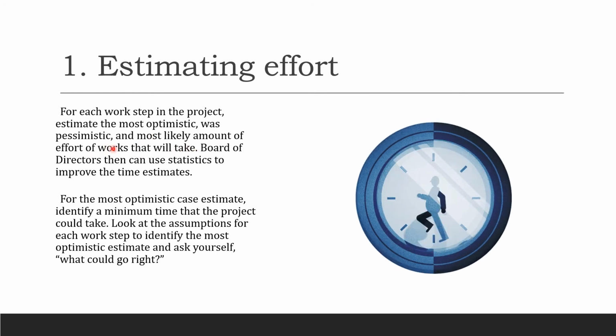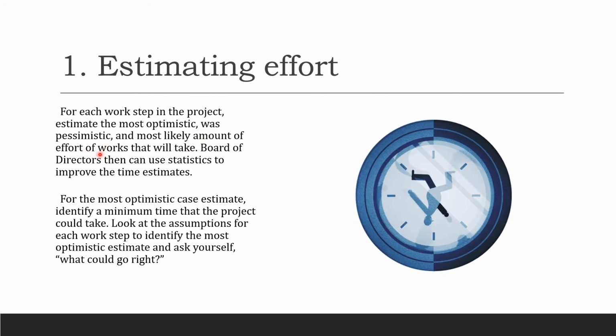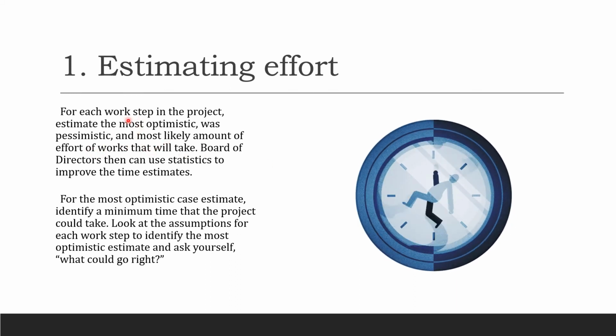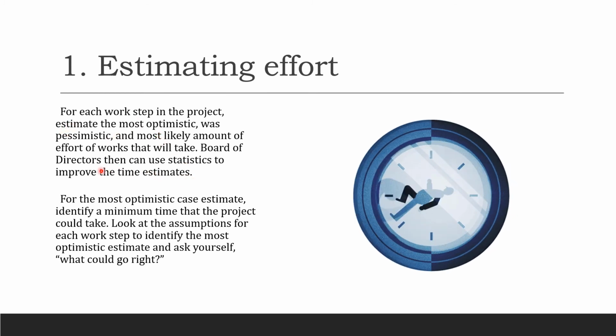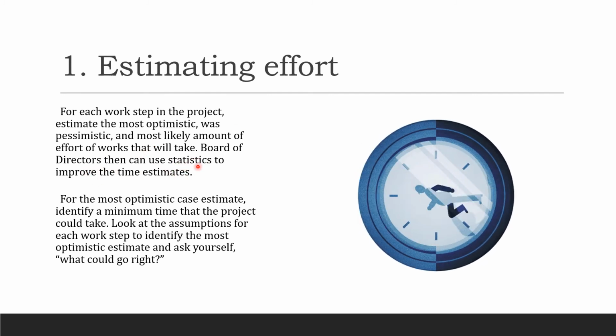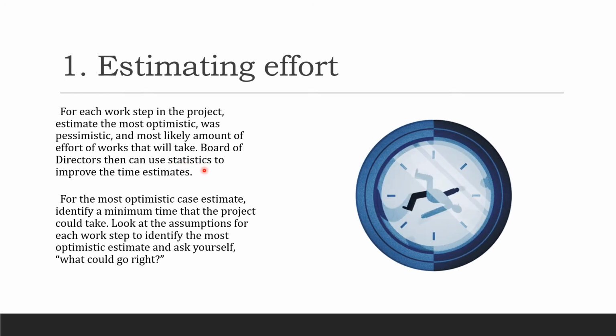The most likely just means your standard, normal day effort. So that's what you definitely need to estimate first. And your board of directors, or sometimes just upper management, is going to see the figures. That's your data or statistics to improve the time estimates.